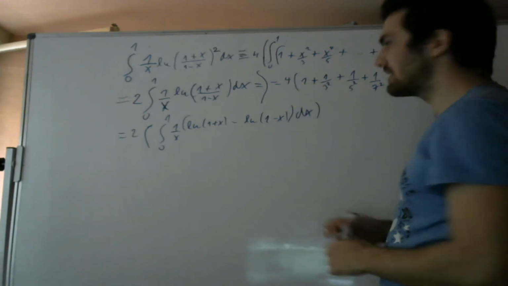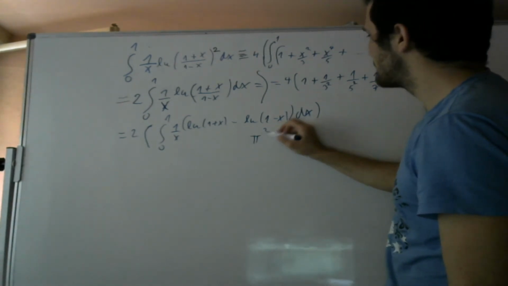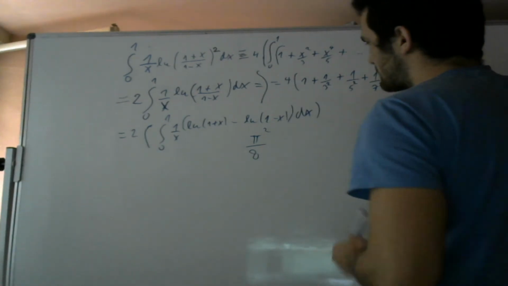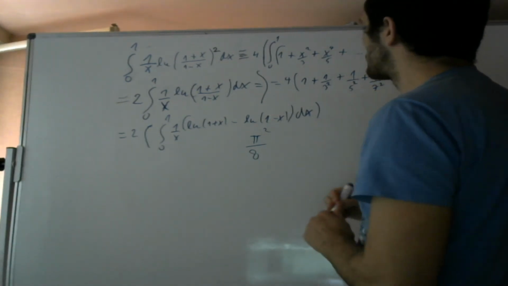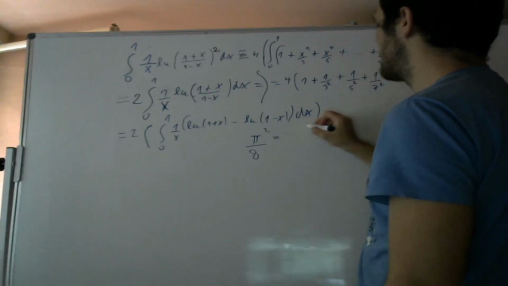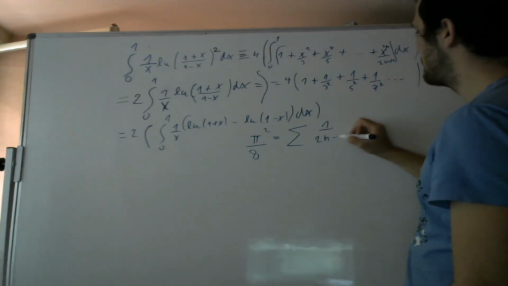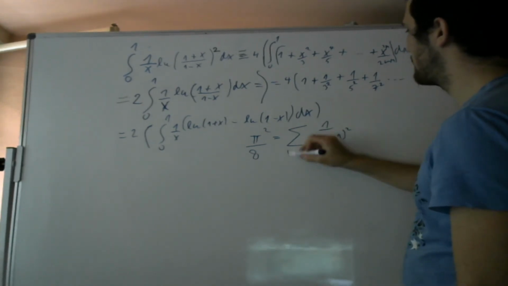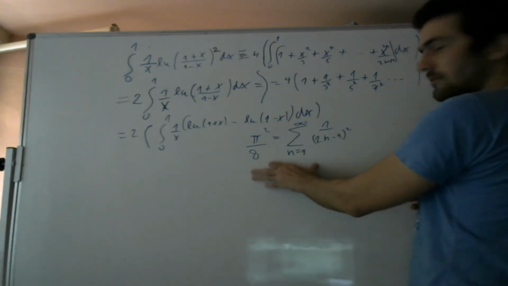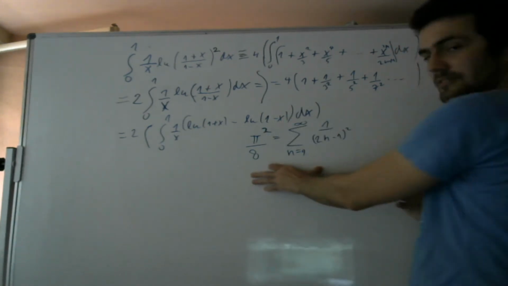I proved in the last video that this sum equals pi squared over 8. This is the sum of 1 divided by (2n minus 1) squared, where n goes from 1 to infinity. If you want to see a proof of this, take a look at my last video.